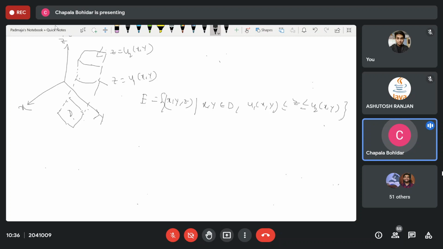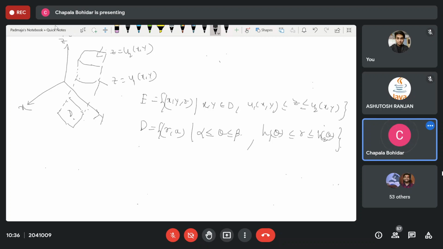The projection of the surface is your domain that lies in the xy plane, and that D you can write as (r, theta). If you convert it to polar form, alpha is less than or equal to theta is less than or equal to beta, and h1(theta) is less than or equal to r is less than or equal to h2(theta).